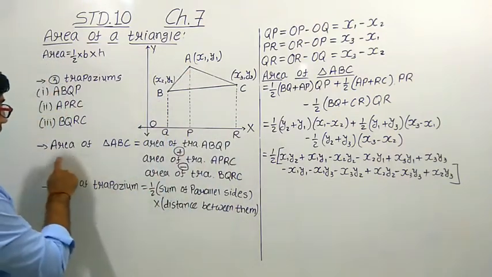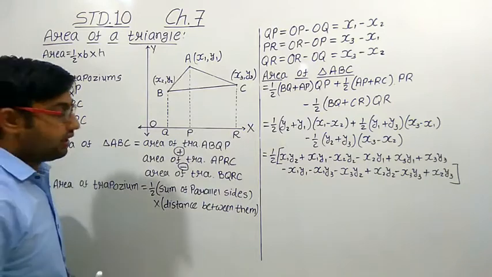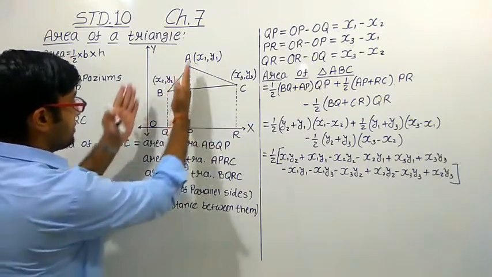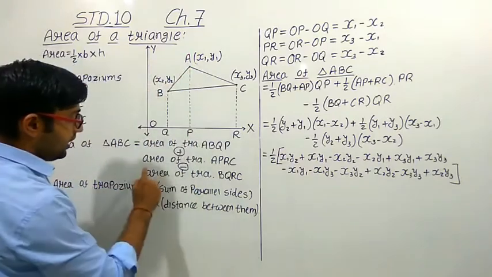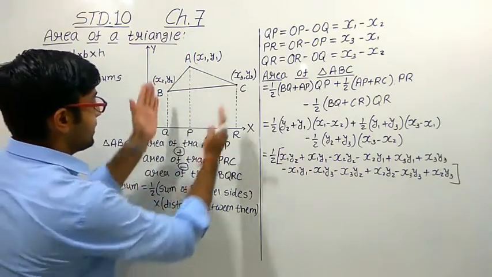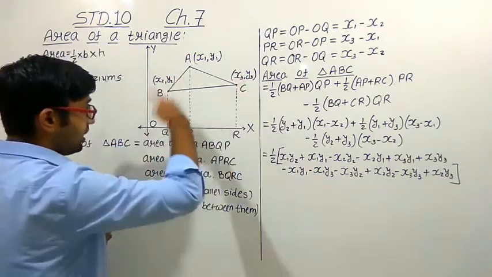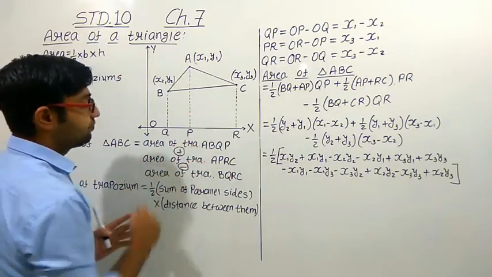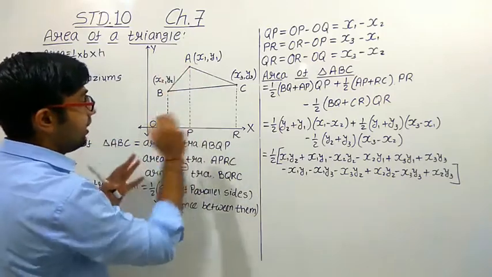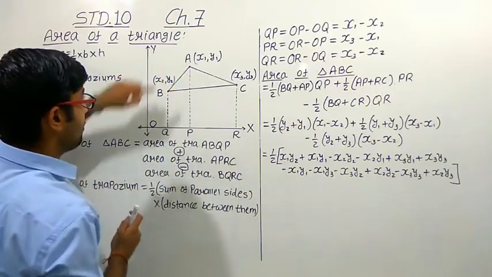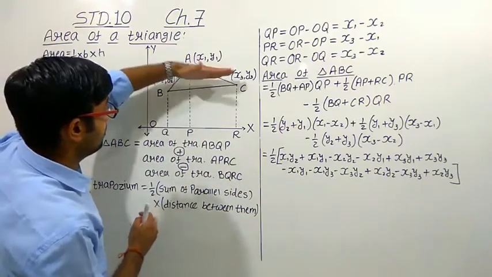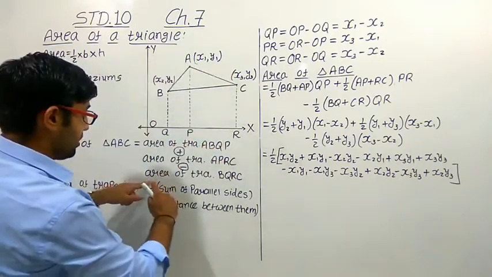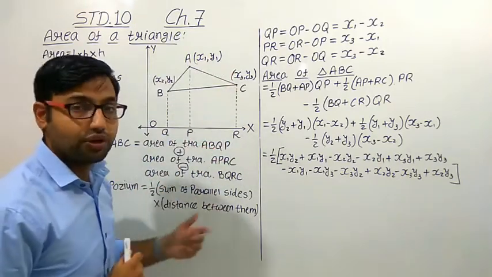So the area of the triangle we can write here as the area of the trapezium ABQP, that means this much area, plus the area of the trapezium APRC, that means this much area. So the total area is covered here. Using these two trapeziums the total area is covered, but we want only the area of ABC. So this much area we have to subtract, and that is the area of the trapezium BQRC.